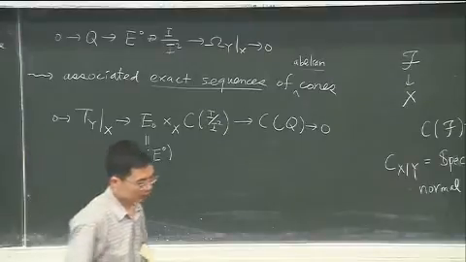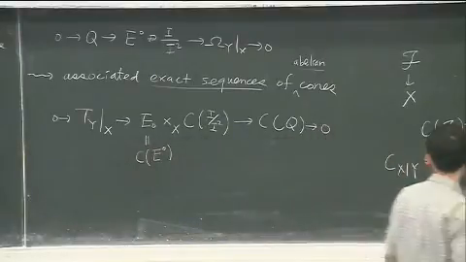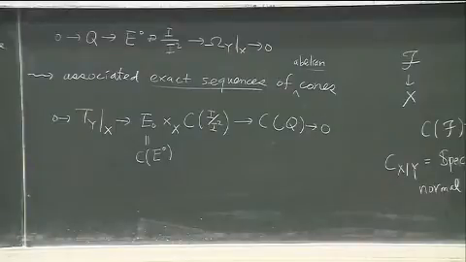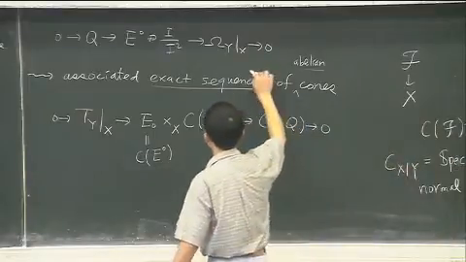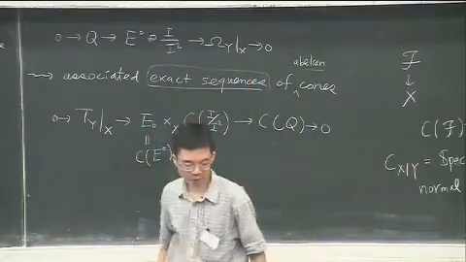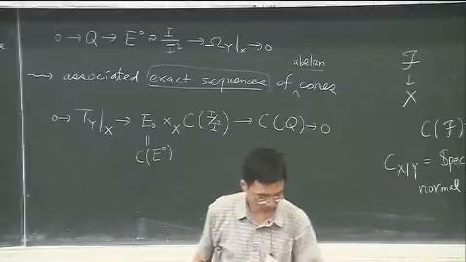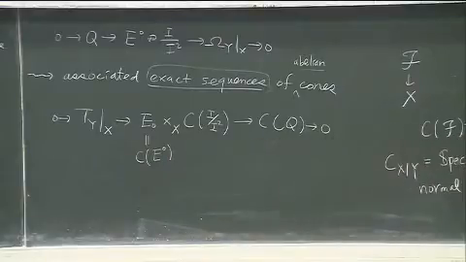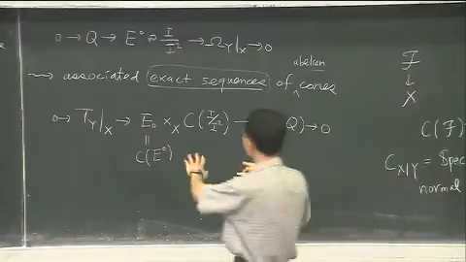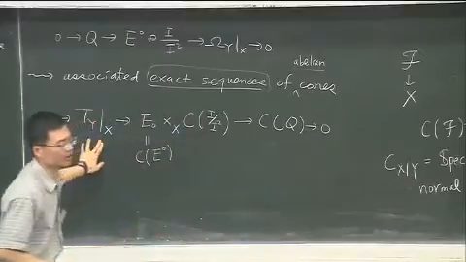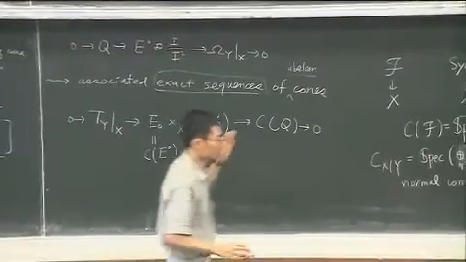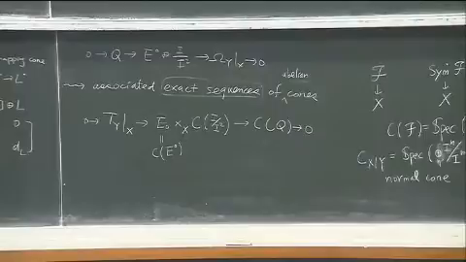So exact sequence of cones means that, my understanding here is that an exact sequence of cones has to come from a short exact sequence. It will be a cone, and this guy has to be a vector bundle. So let me give you one definition of exact sequence of cones.